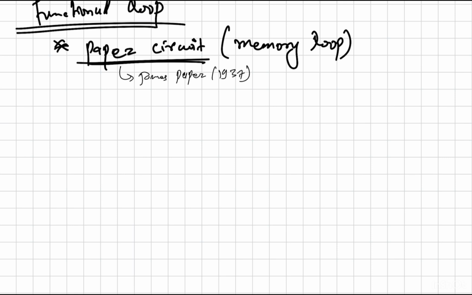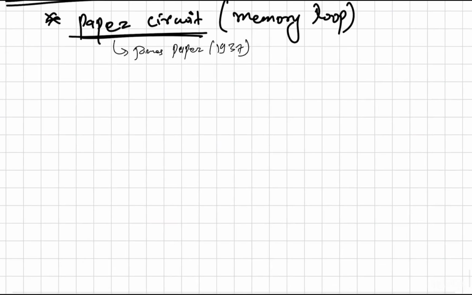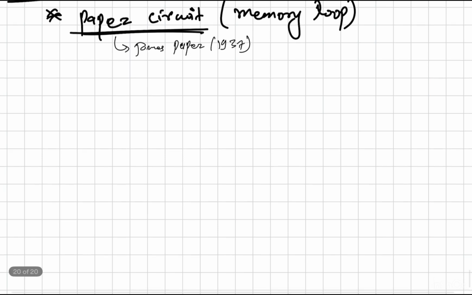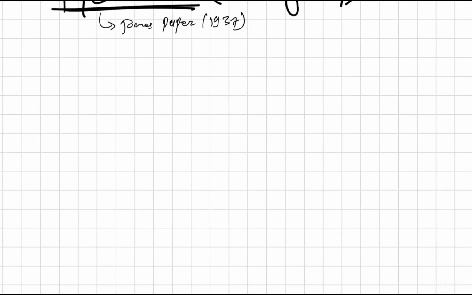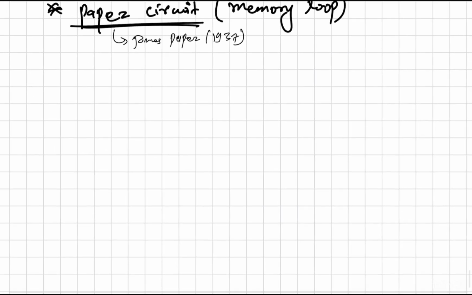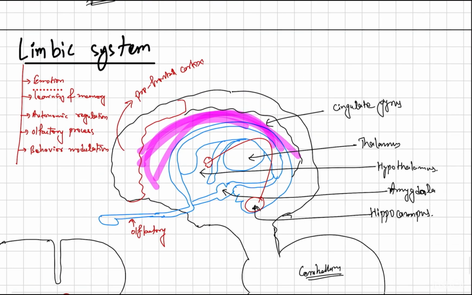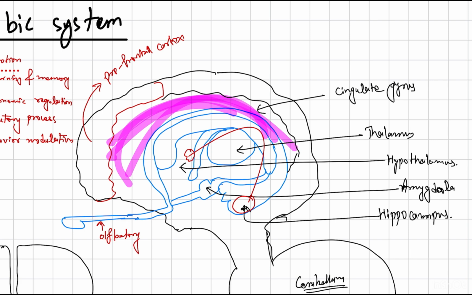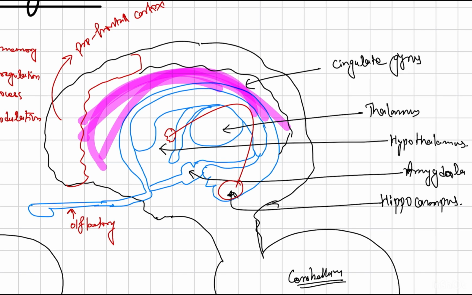So this pathway includes, when we look at the Papez circuit, it starts from the hippocampus. I'm going to explain using this image. From the hippocampus to the amygdala.